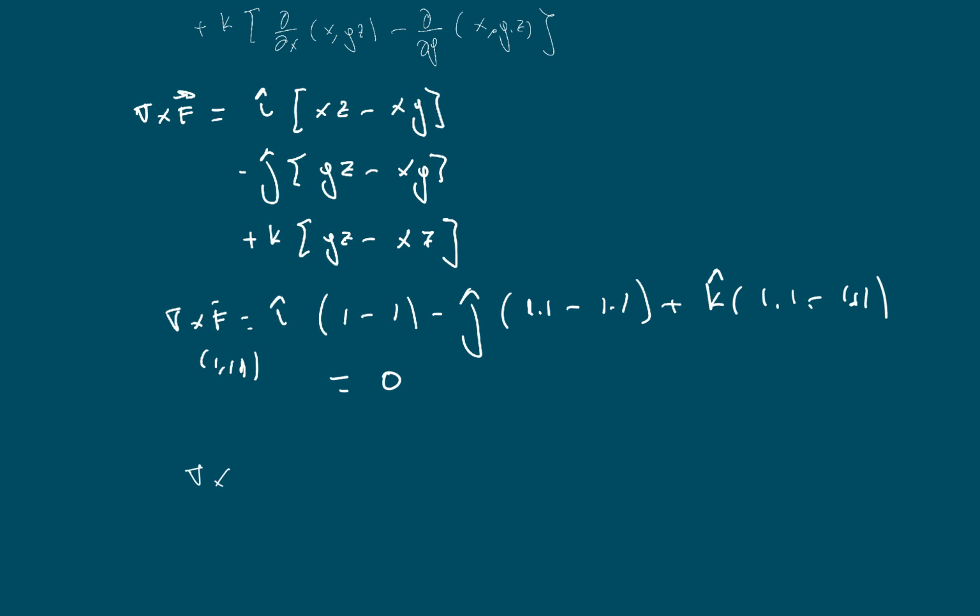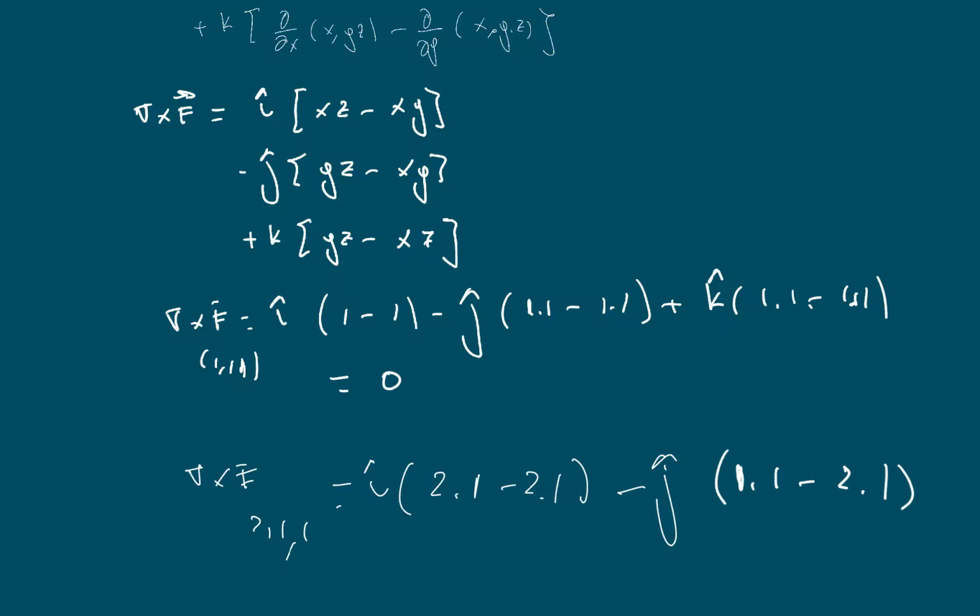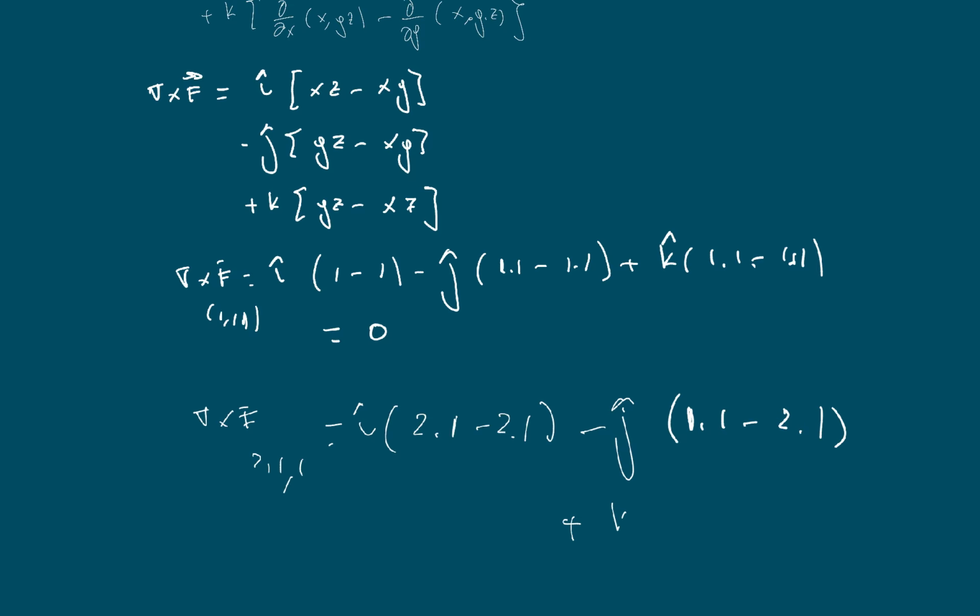And what is the tendency to rotate at the point 2, 1, 1? It will be 2 multiplied by 1 minus 2 multiplied by 1, minus j, 1 by 1 minus 2 multiplied by 1, plus k, 1 by 1 minus 2 by 1.